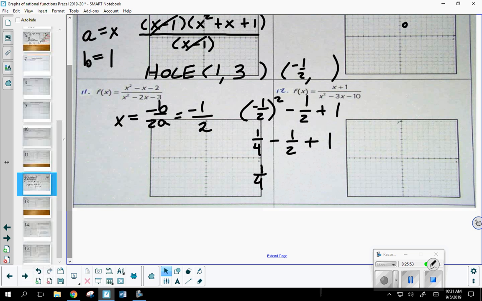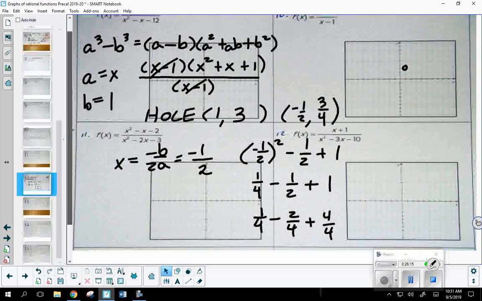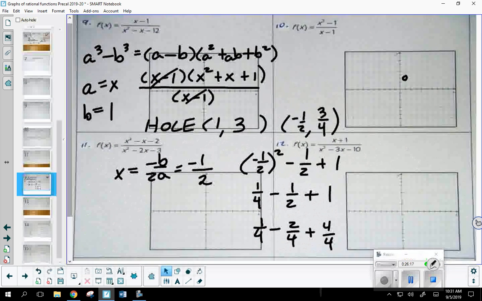So that would be 1/4 minus 2/4, because that's 1/2, right? Plus 4/4, because 4 divided by 4 is 1. 2 over 4 is 1/2. So what's that become? 3/4. So the vertex should be happening at (negative 1/2, 3/4).